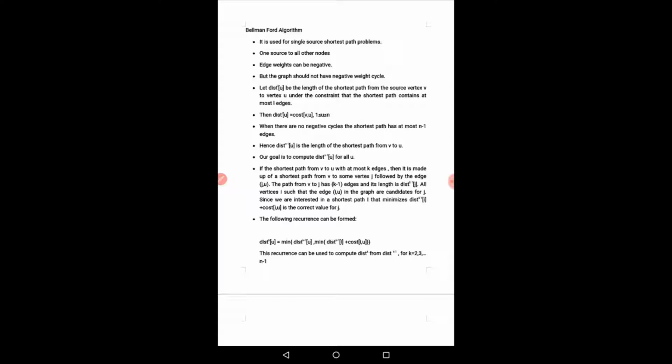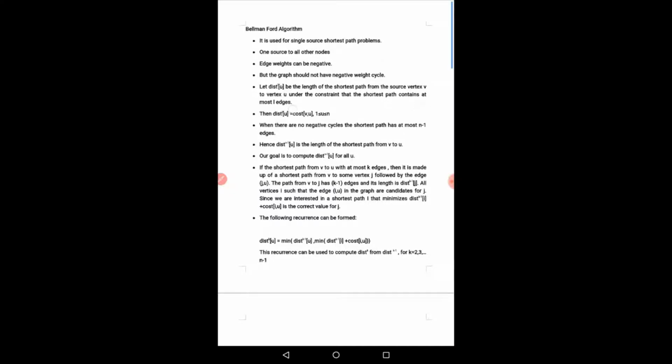So here I have written dist L of U, that is the length of the shortest path from source vertex V to the vertex U. One constraint is that the shortest path contains at most L edges. Shortest path will have maximum L edges.